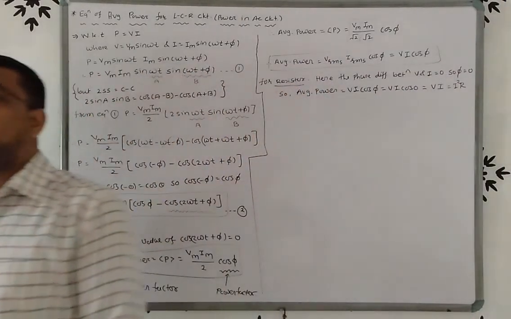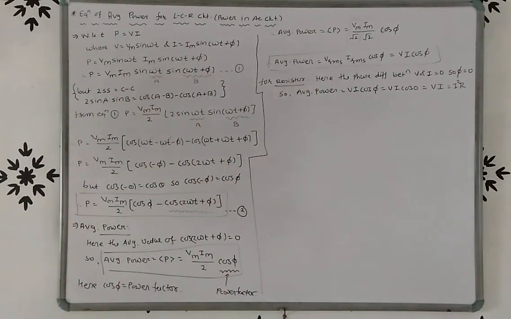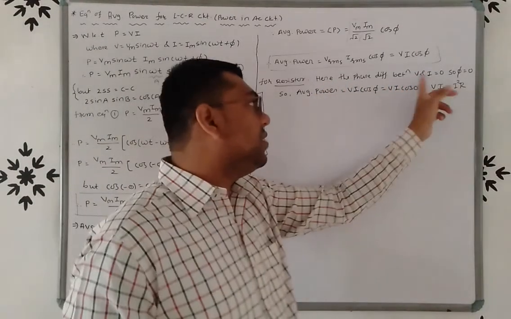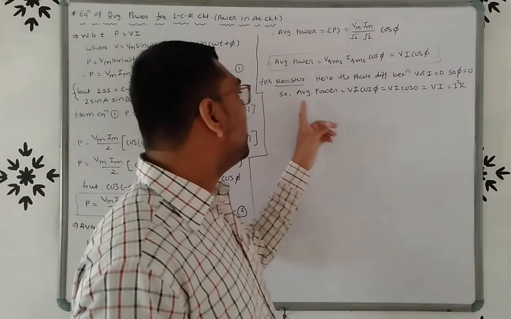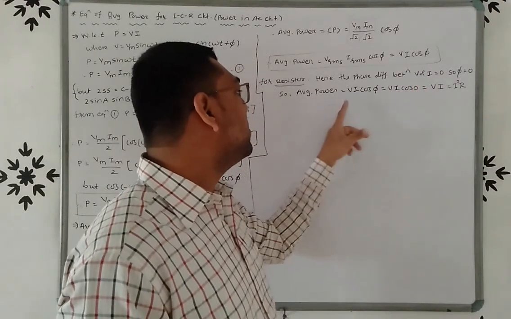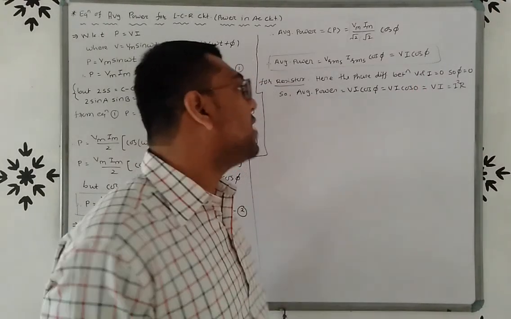So if there is only a resistor, then for a resistor voltage and current are in the same phase, right? So if voltage and current are in the same phase, then the value of phi is equal to 0, because the phase difference between V and I is 0. So power P, the average power, is equal to VI cos phi, right?